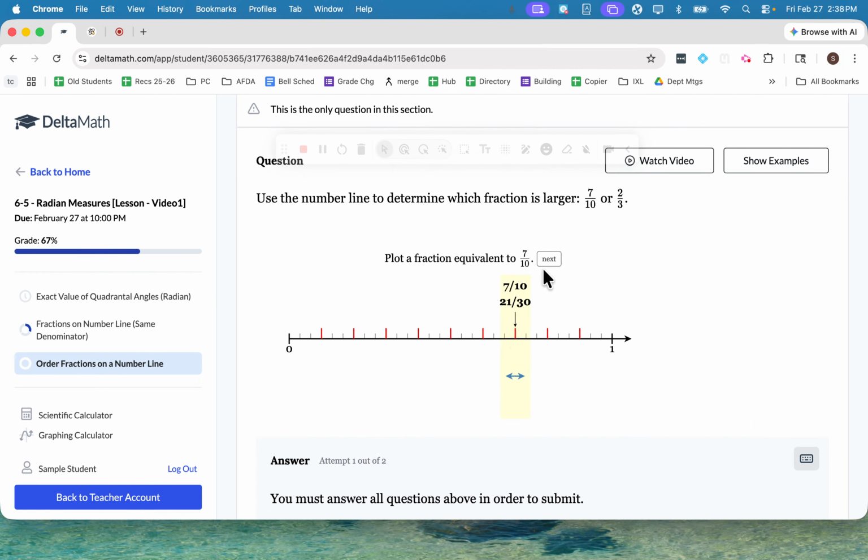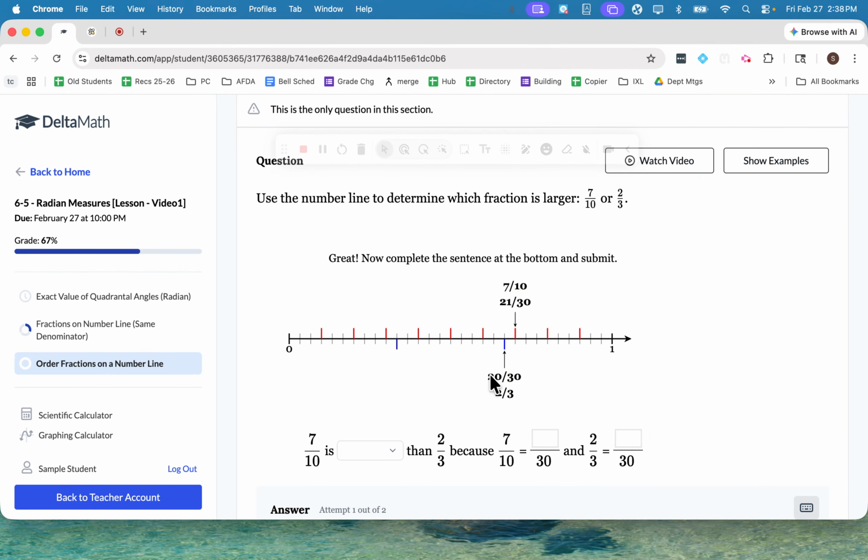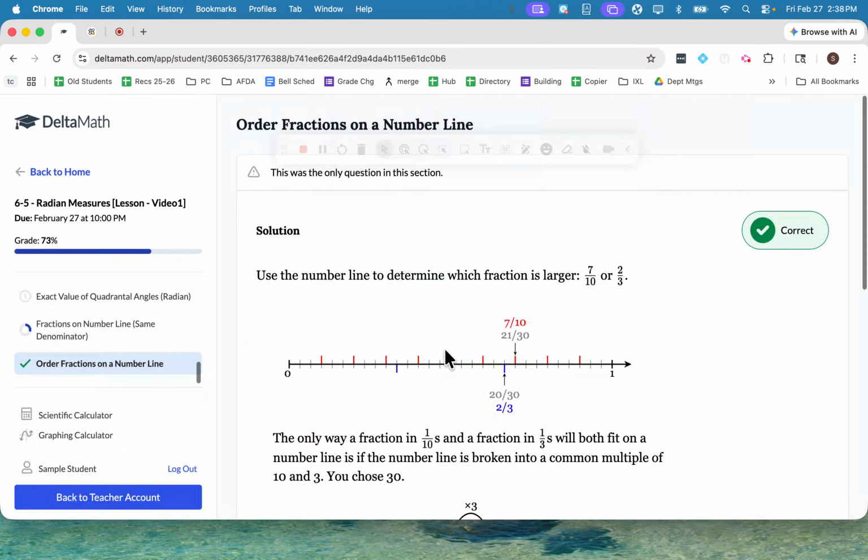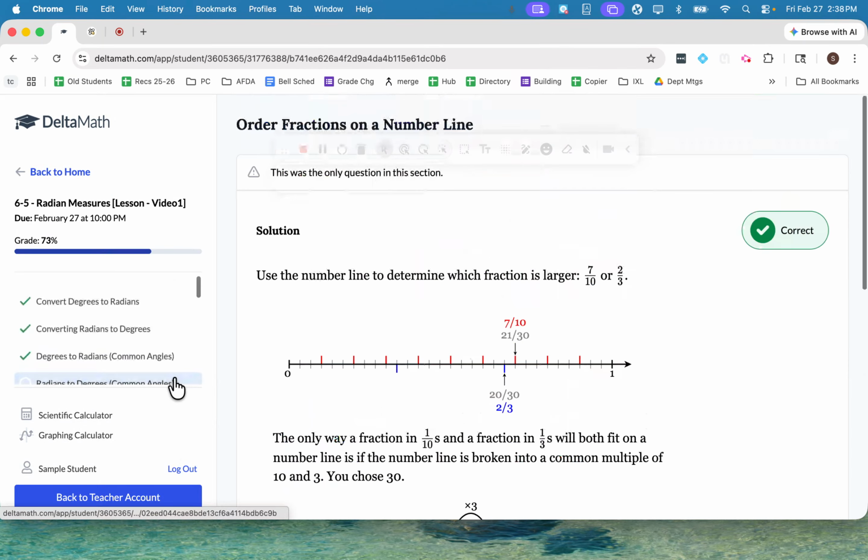It even confirms that for you. And then 2/3 is the same as 20/30. So 21/30 is clearly greater than 20/30. All right, that should be it.